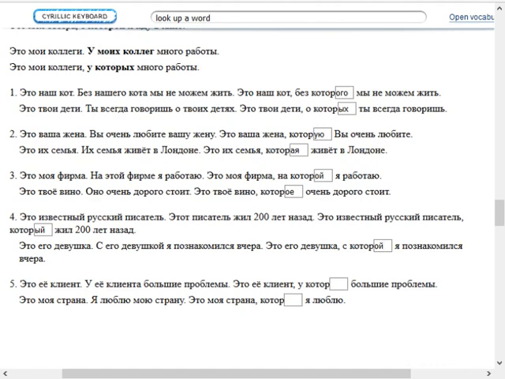And number 5, last one, это ее клиент. This is her client. У ее клиента большие проблемы. Her client has big problems. And so the sentence becomes, this is her client, which has big problems. So, client should be masculine because it ends in a consonant.